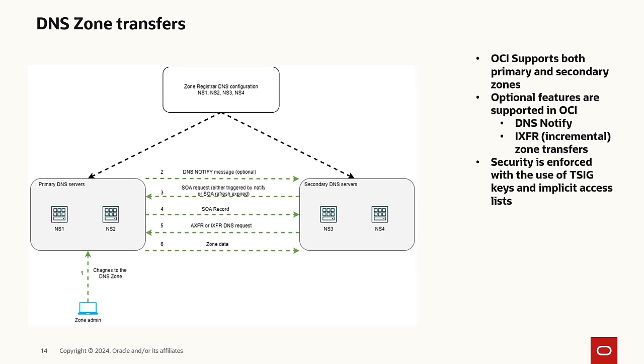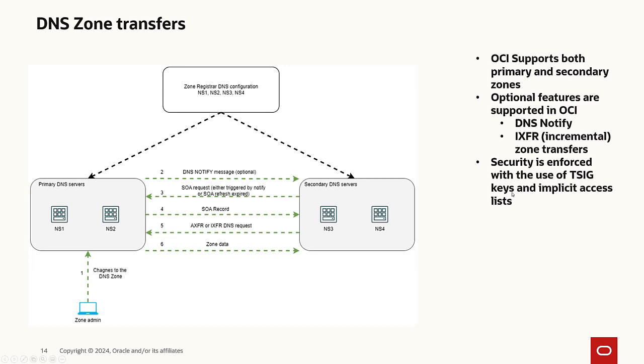And the incremental one is again an optional feature in the RFC. Not everybody implemented it, right? The full zone copy, that's mandatory, but the incremental one, not everybody implemented it. In OCI, both the DNS notify and the incremental zone transfers are supported.